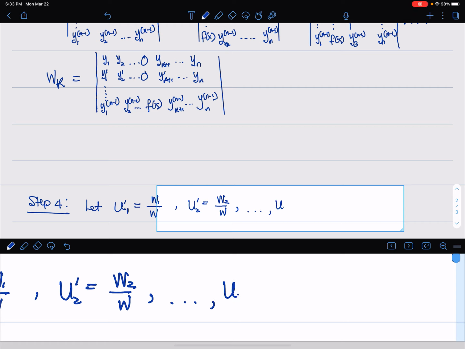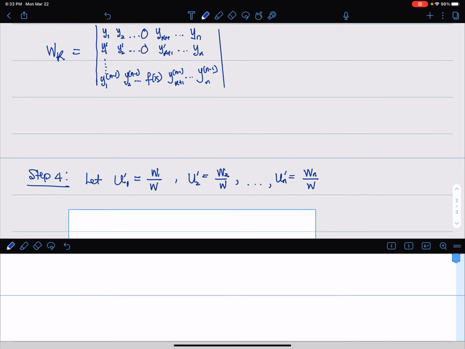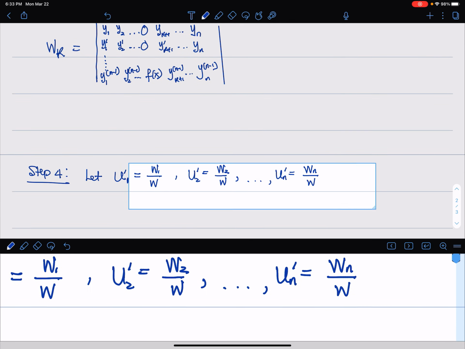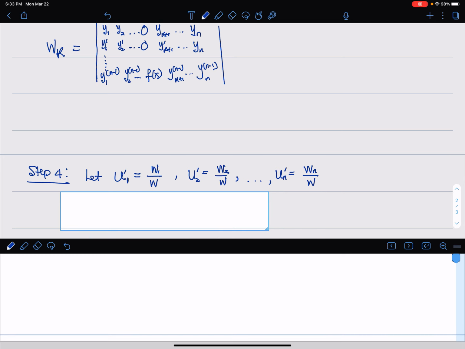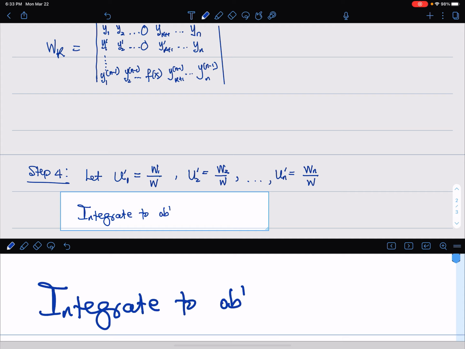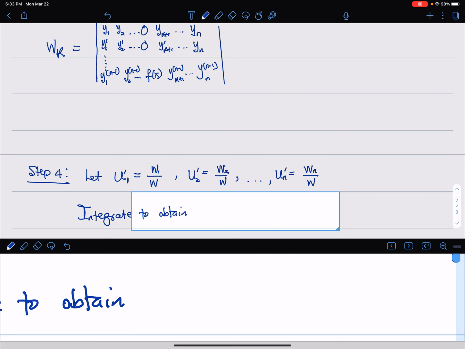Un prime is Wn over W. Okay, so these are the derivatives of our U. So all we have to do now is integrate each of these to obtain U1, U2, all the way to Un.